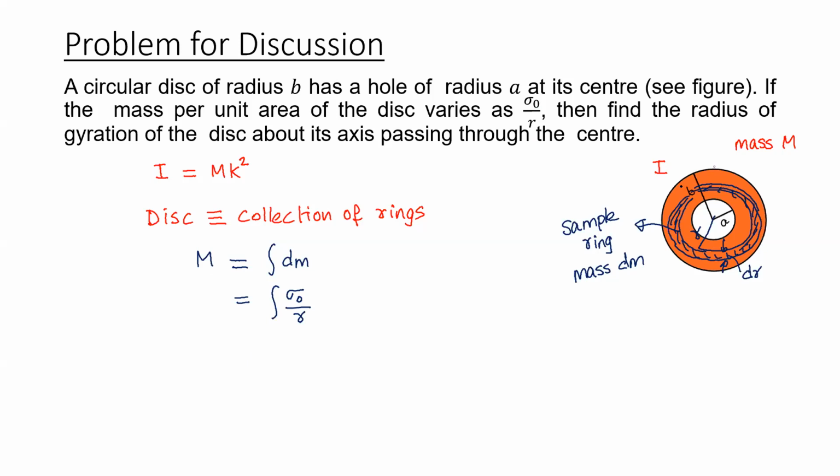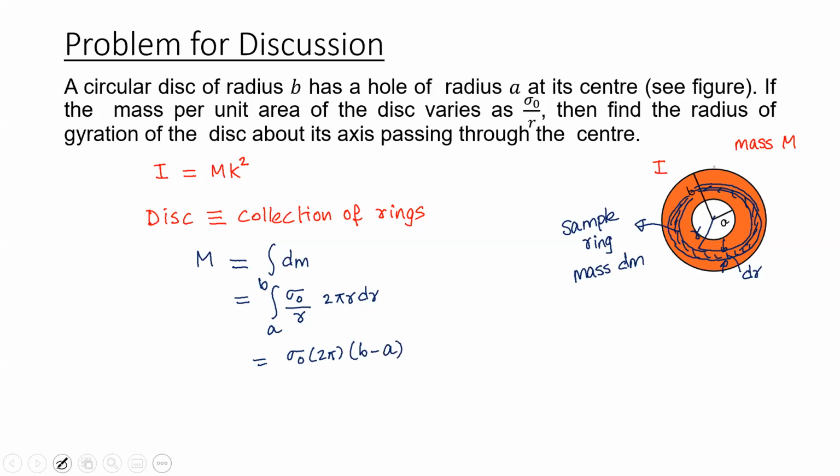And we know the area of such a ring is 2 pi r dr. So we put that in. Luckily, this r disappears. Now you're going to integrate. The material starts from radius a and ends at radius b, so you integrate from a to b. The integral is simply sigma naught into 2 pi into b minus a. Very nice. So you have the mass.